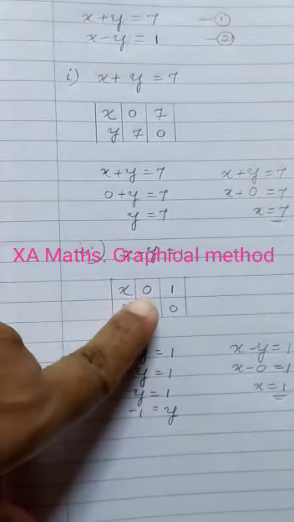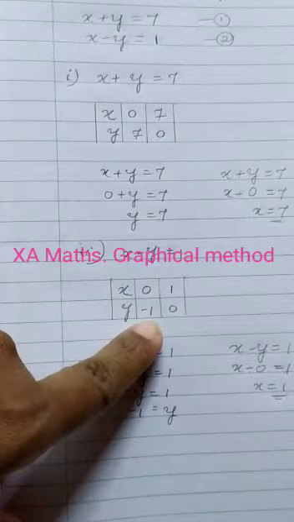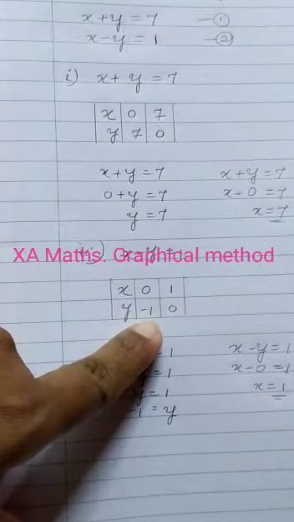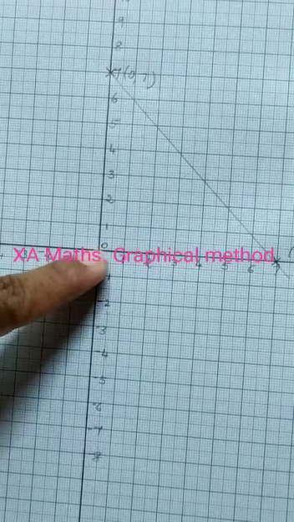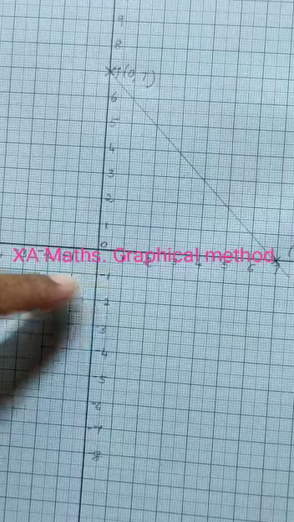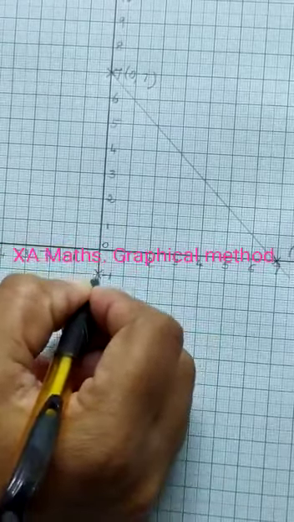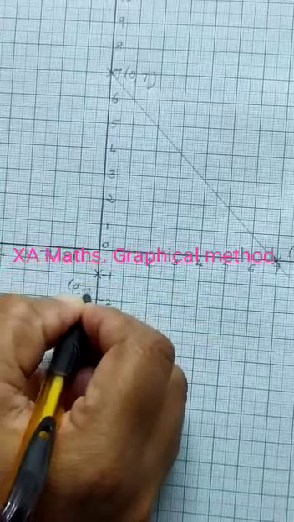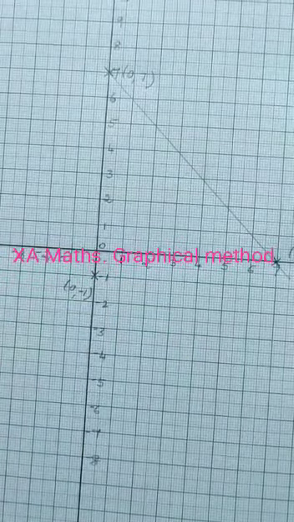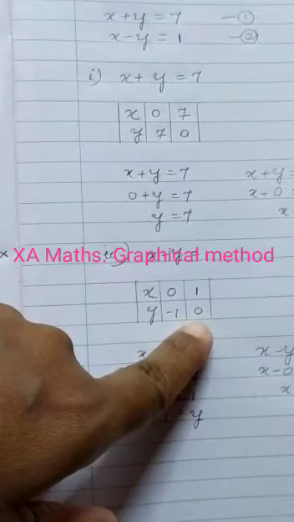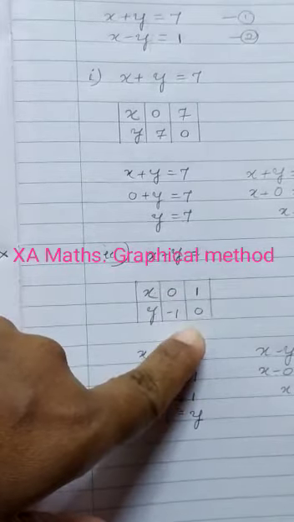Next we will go to the second equation. The points are 0, minus 1: 0 on the x-axis, minus 1 on the y-axis. We'll mark it here. And the last point you can see is 1, 0.